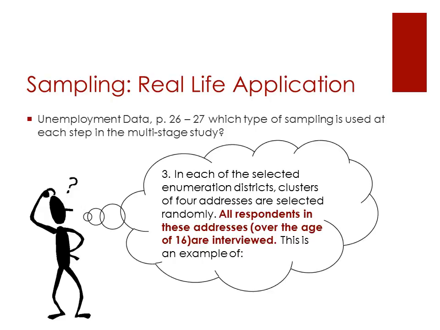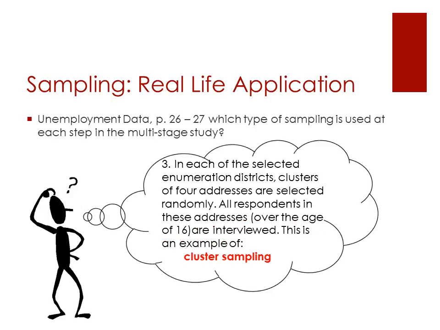This is an example of what? This is again an example of cluster sampling. In each of these selected enumeration districts, 4 of these clusters are randomly selected, and then we interview all individuals in that specific 4-address cluster. So this is a cluster sample.